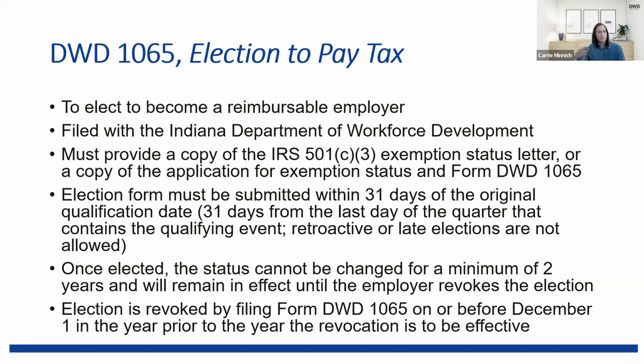When you do payroll, you just make payments in when there's actually a claim against your organization. Once it's elected, the status cannot be changed for a minimum of 2 years and will remain in effect until the employer revokes the election. So that is kind of a unique aspect of nonprofits.